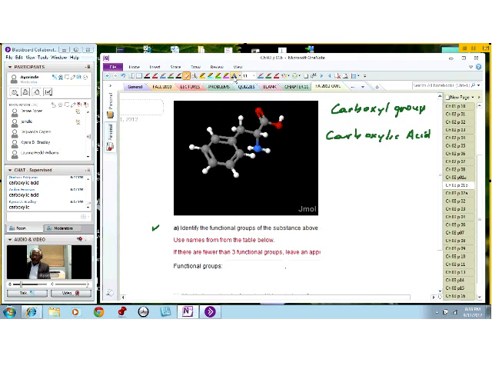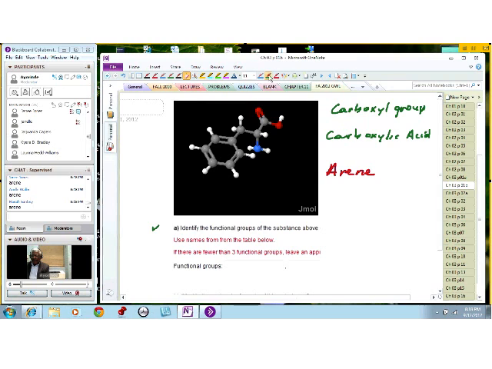Now, can anybody identify this class of compound right here? Exactly, arene. That is correct. Very good. Okay, so far so good.